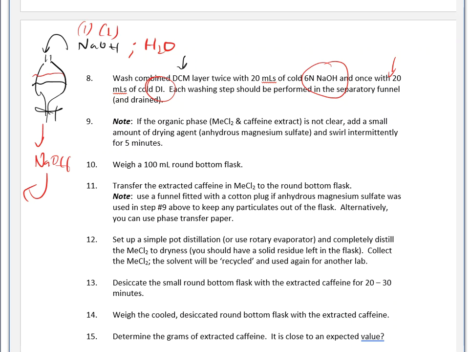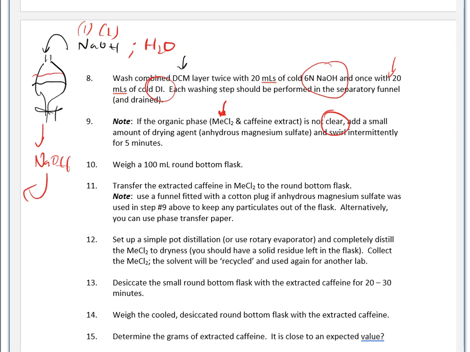All right. Note number 9 says now this methylene chloride should be a very clear solution. So you should be able to see through it. It shouldn't be cloudy. It might have a tinge of color, and if so, that's okay, but you should at least be able to see through it without a problem. It says if you can't, then we can add a little bit of drying agent. We can allow that water absorption to take place before we go further, because that can cause us a problem if we're not careful.